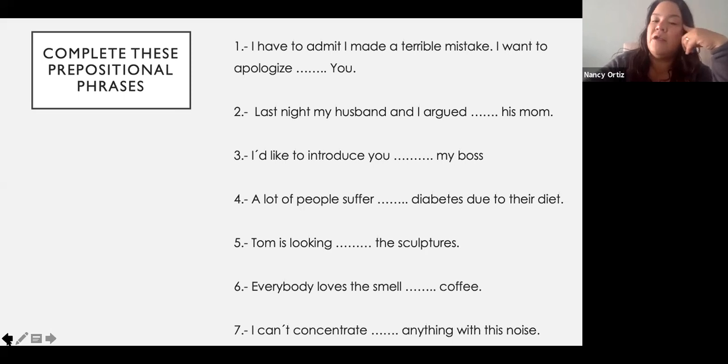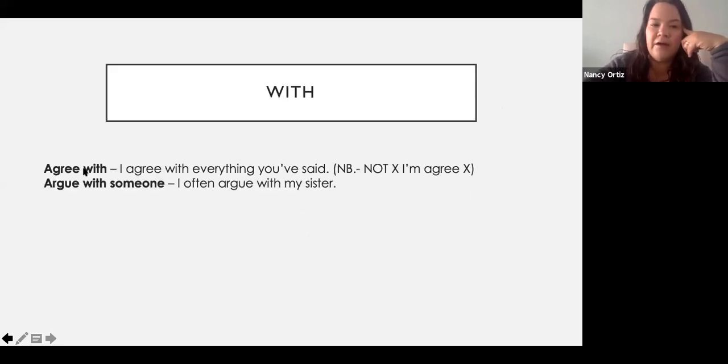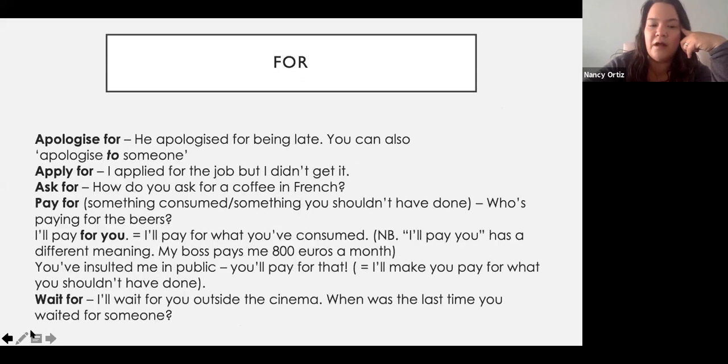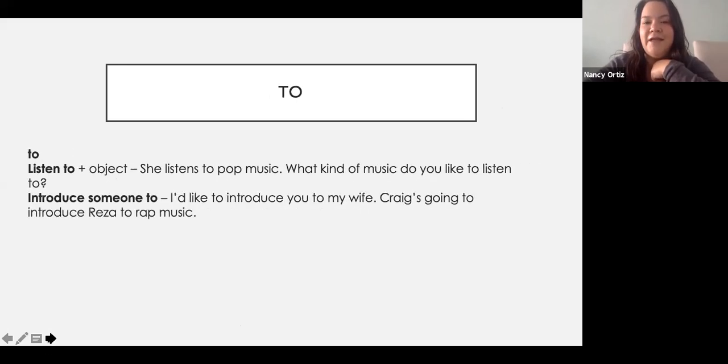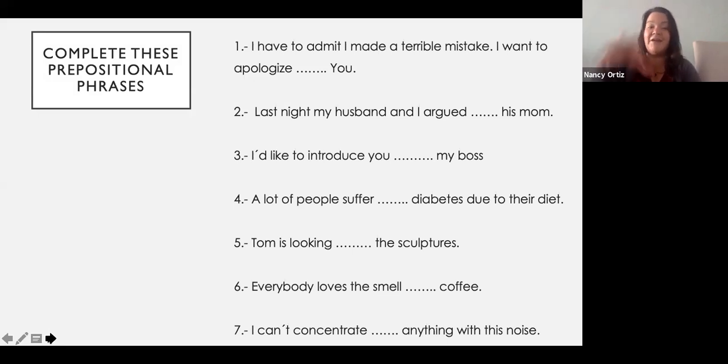In the case of argue, if you check here, we can use argue with, but also argue about. So both are correct, okay? It depends on the situation. If you are there in the moment, you're arguing with your mother-in-law, or if you're back home just with your husband, then you're arguing about something she might say, or maybe something she did, okay? So correct, Gloria.